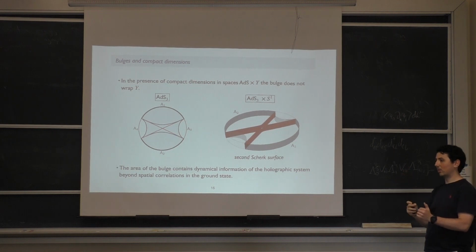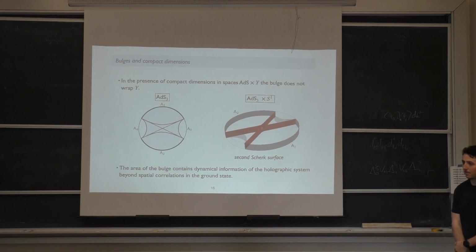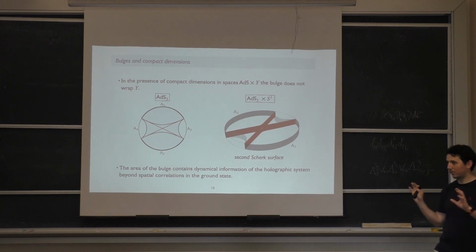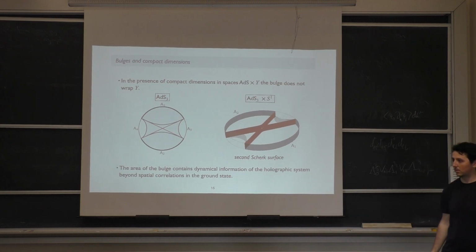But you need only one of them to survive in order for this to be a candidate. I would be curious if the other one is ruled out by not being the smallest one or just at the level of index. Your rule is that for index one, pick the smallest one. But in this case, as Jeff was saying, in principle there's an infinite family, all of which have the same area once you project out onto the AdS3.